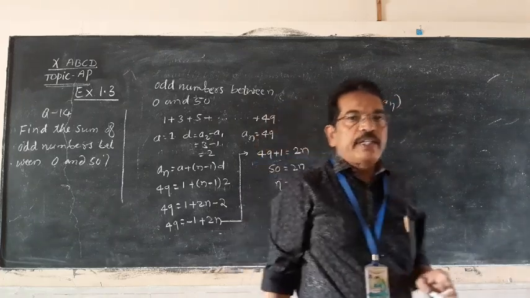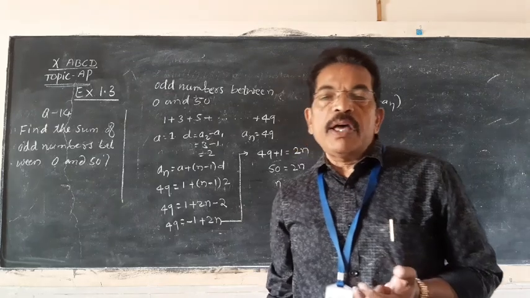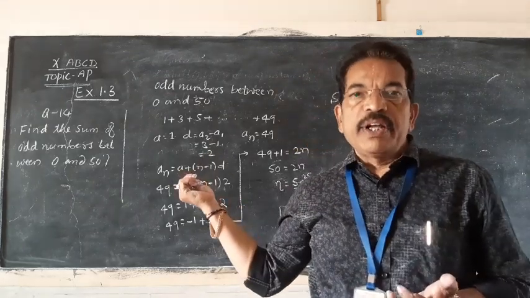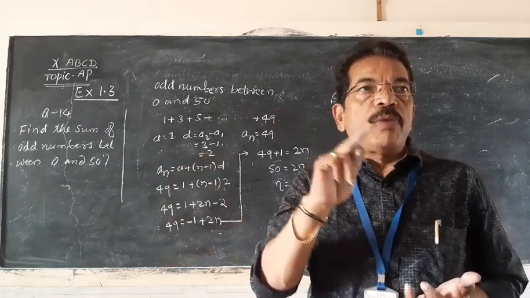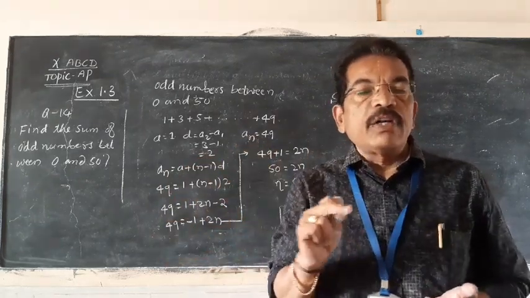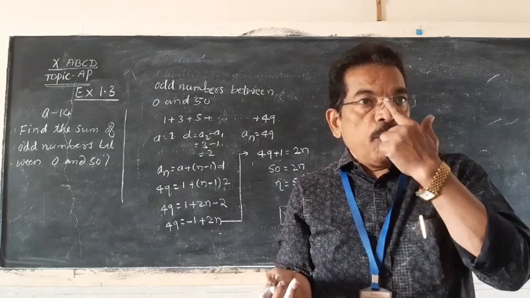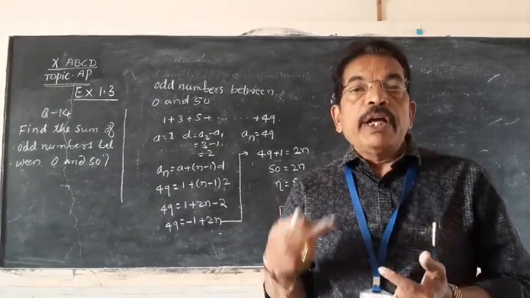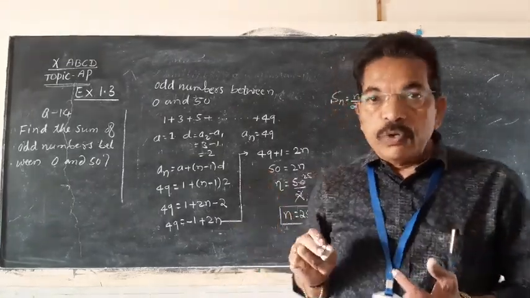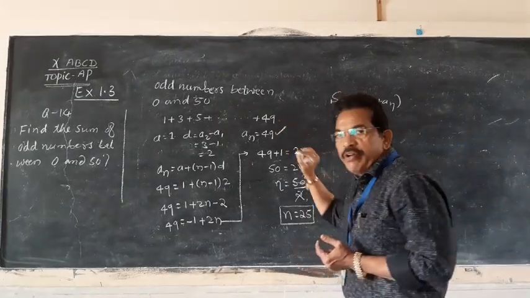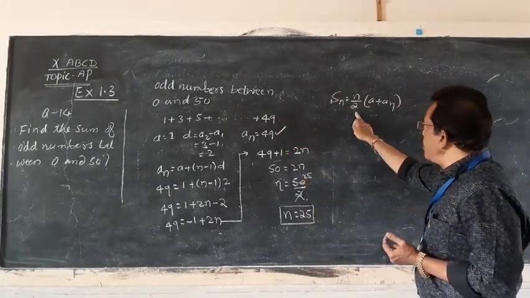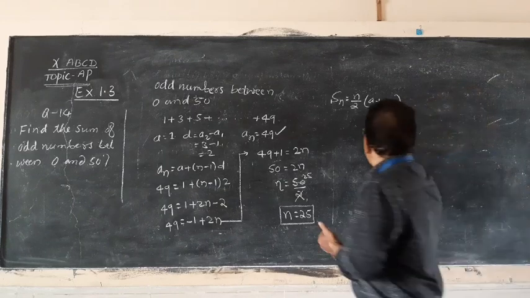Why have I written that a plus an formula? Because the last term, that nth term, is given. If that is not given, you have to apply the main formula, that is Sn equals n by 2 in the big bracket 2a plus n minus 1 into d. Here the nth term is given, so Sn equals n by 2 a plus an.